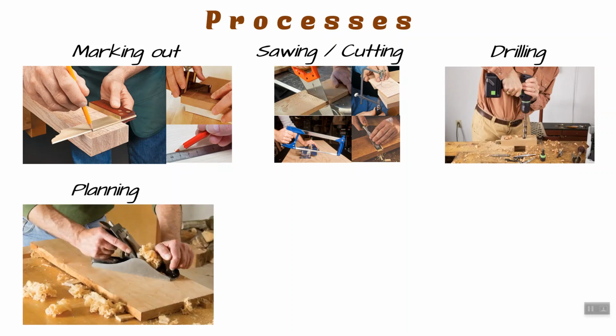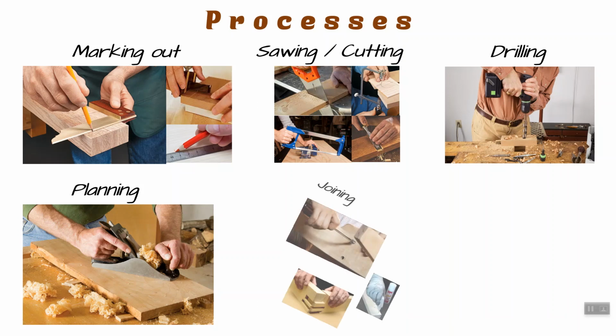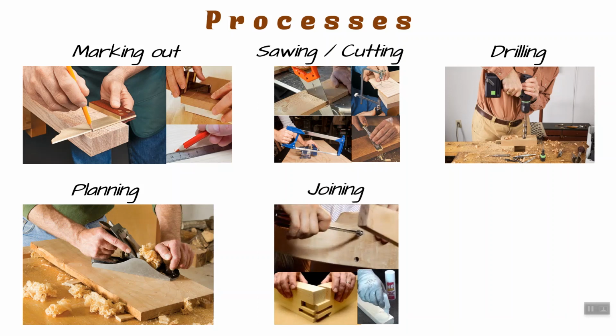Another process is the planing. The planing means to level up the material. We usually use what we call a plane to remove slices of wood or to make it flush and leveled. Then there is a joining process.